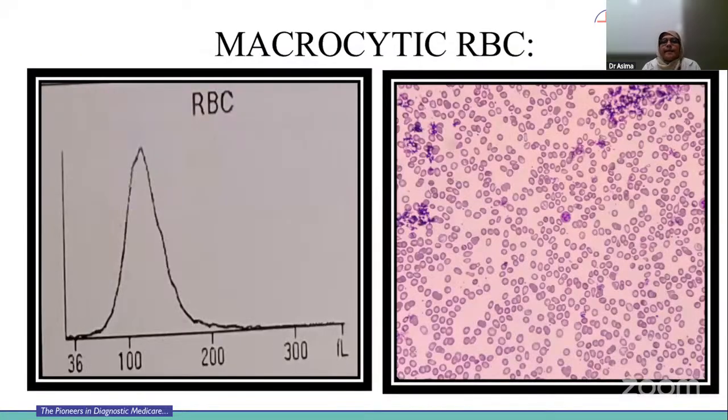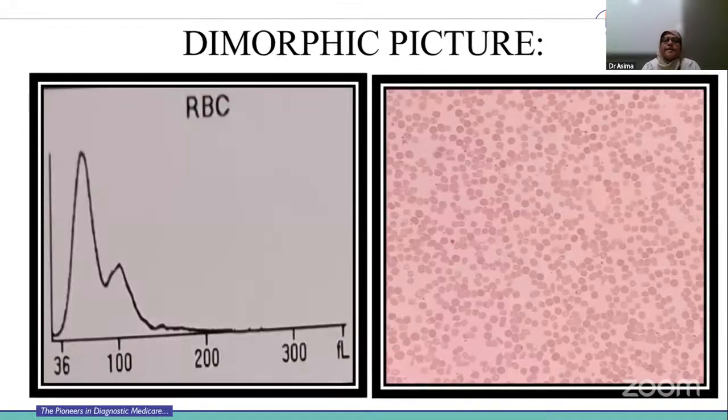In macrocytic anemia, in the peripheral picture, we see a hypersegmented neutrophil here with ovalocytes and macrocytes, and in the histogram we see a shift to the right. Here's a dimorphic picture, wherein it may be due to treatment with hematinics or a blood transfusion. Here we see two different morphologies of the RBCs, the normal and the microcytic.